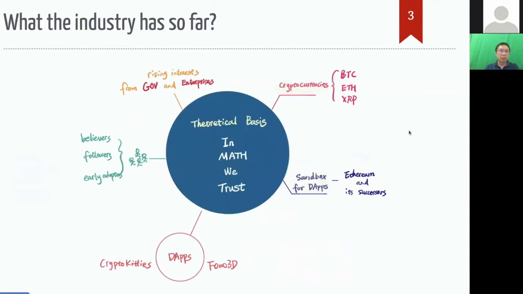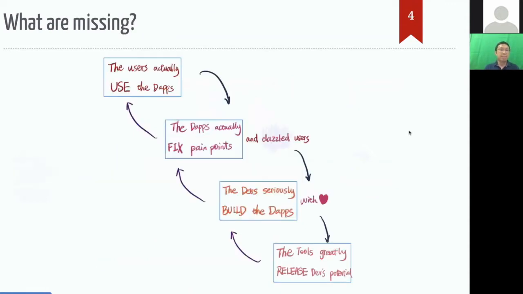Right now, although there are over thousands of decentralized apps on Ethereum or other platforms, their daily active users are actually very small. So we need a lot of users actually using the DApps in their day-to-day work. But before we get into that part, the DApps themselves need to actually fix the pain points of the people.